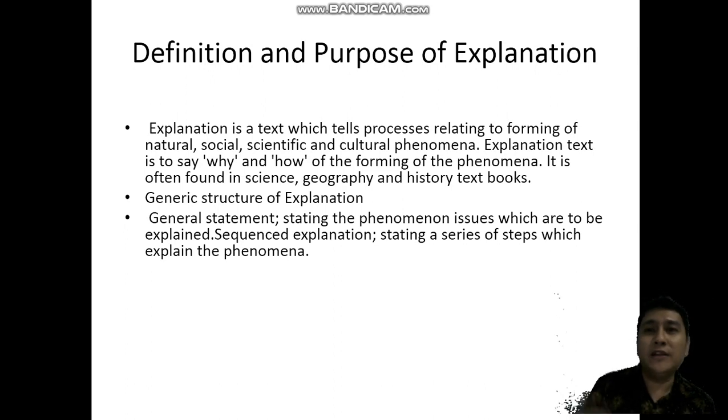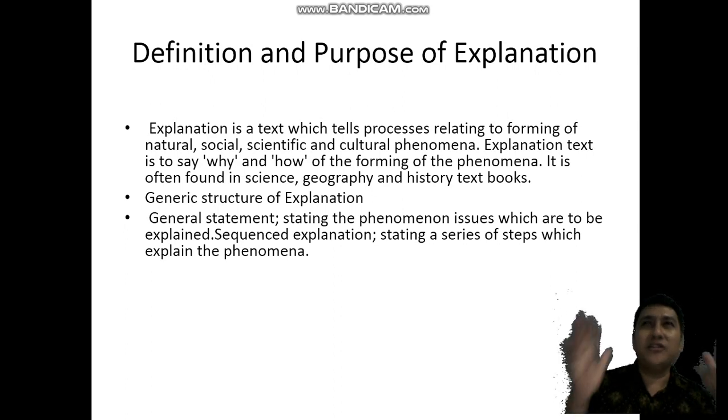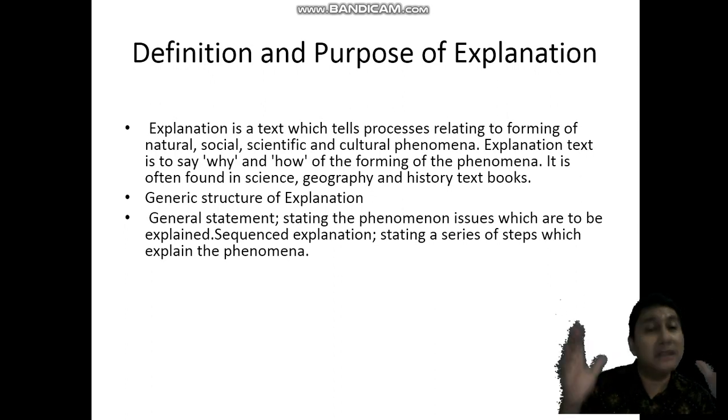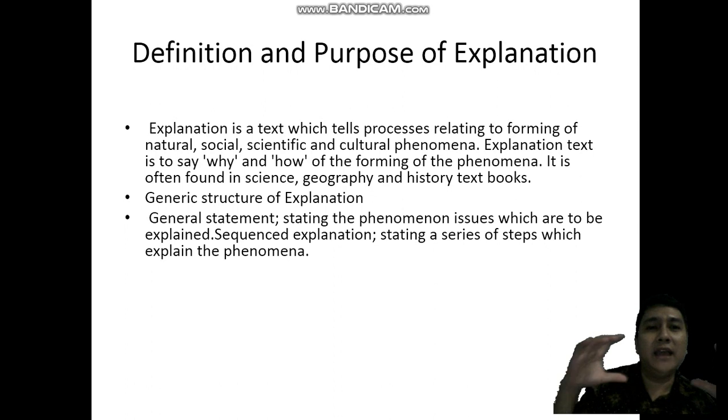So when we are talking about explanation text, we are dealing with two kinds of structures. The first one is general statement. General statement explains what is going to be explained in the text. Take for example, when you are reading about photosynthesis, in the first paragraph, general statement always appears in the first paragraph.